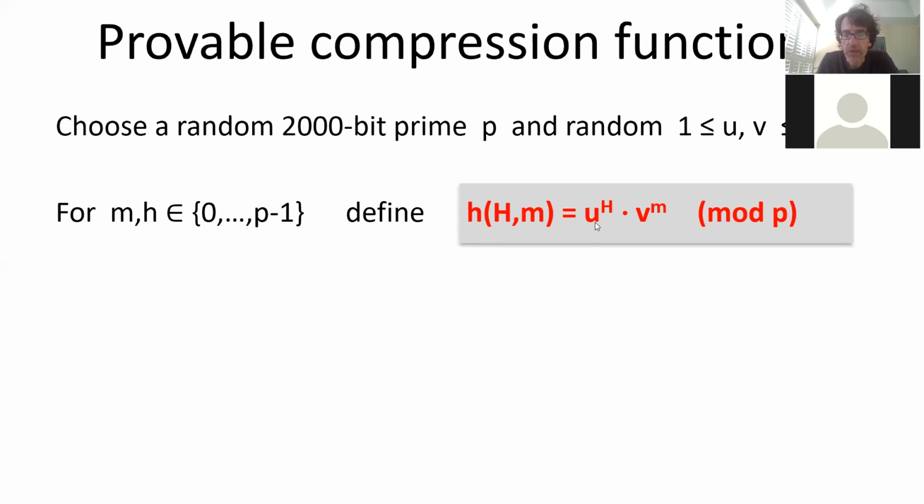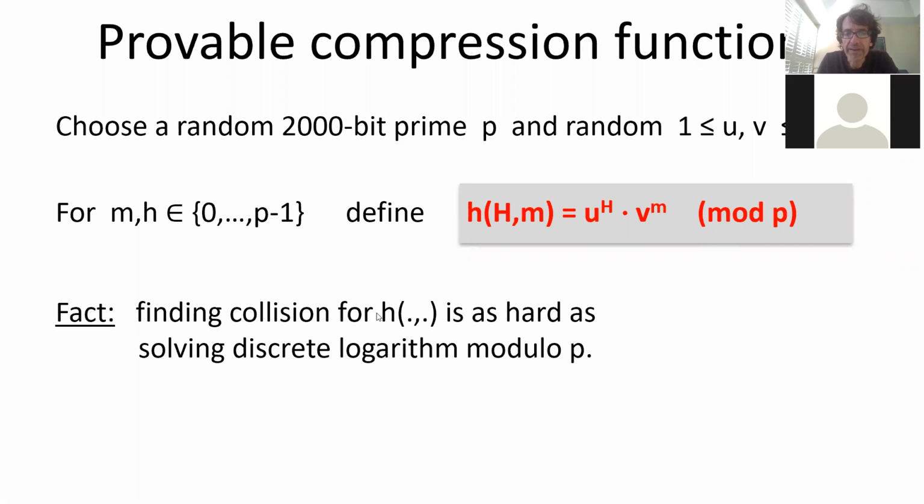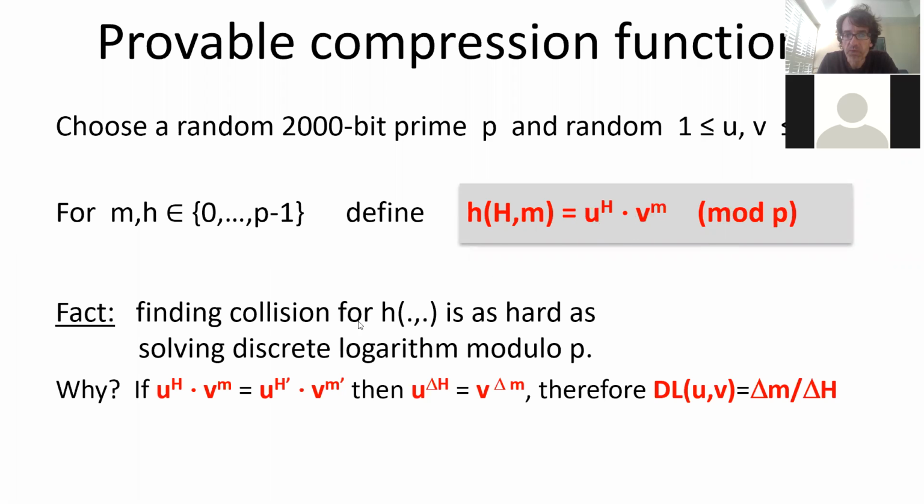You hash by exponentiating u to the H part, v to the M part, and multiplying the result. All of this is modular arithmetic, computed mod p. Finding collisions is as hard as finding a discrete logarithm between these two values. Why? Because if you have H, M and H prime, M prime that create a collision, then this equation must be true.